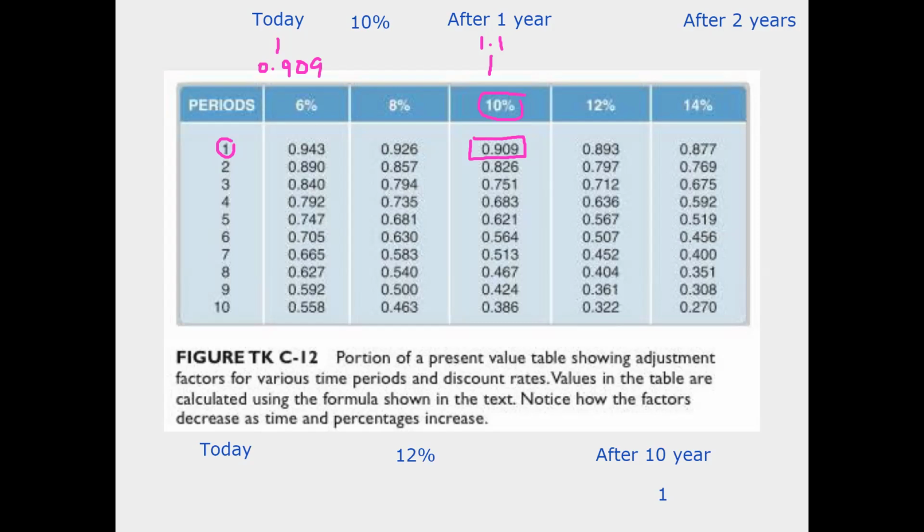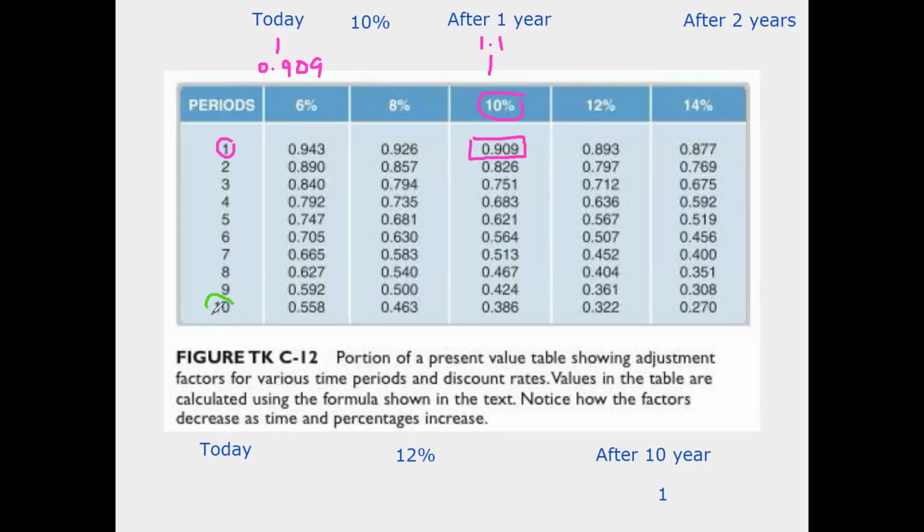I will repeat the question again. To get $1 after 10 years with the interest rate of 12%, how much do I have to have today? To answer a question like this, you have to read from this. The period is the number of years, so we take 10. I will take a different color so it's clear for you.